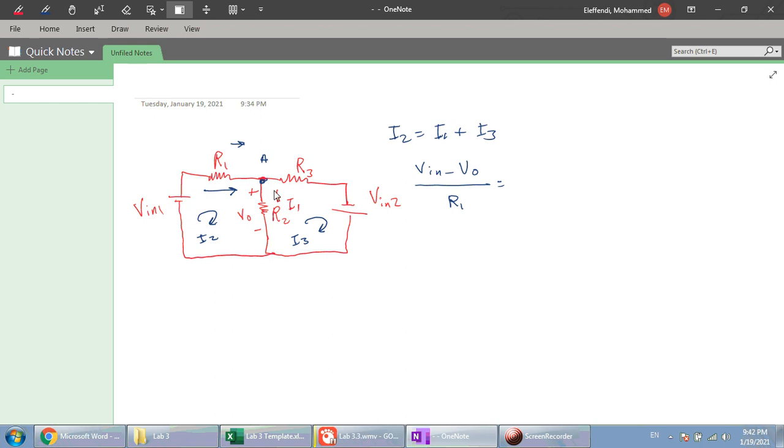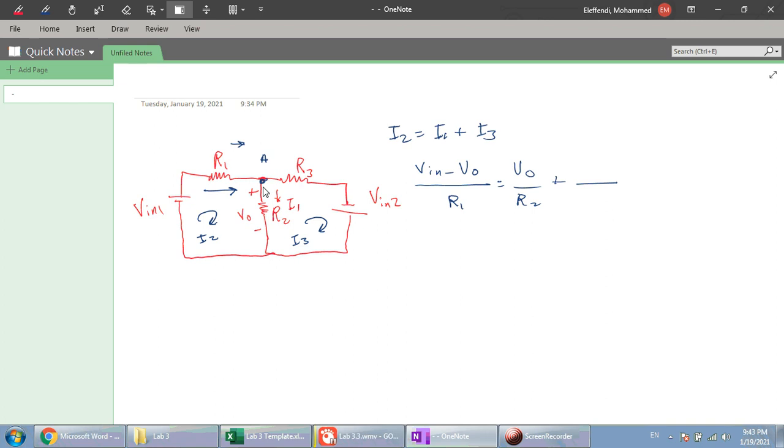And then same thing for I1. I1 goes this way and it flows through R2. So it's going to be V out divided by R2. And for I3, I3 flows this way. So it's going to be the voltage here minus the voltage in here.